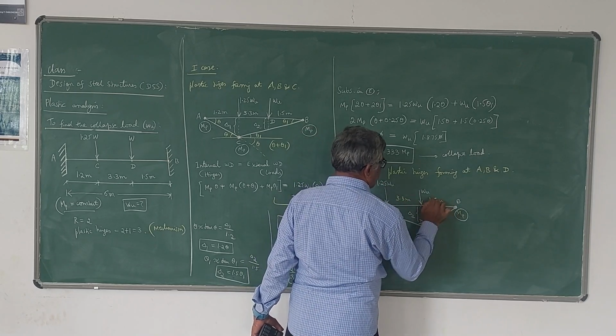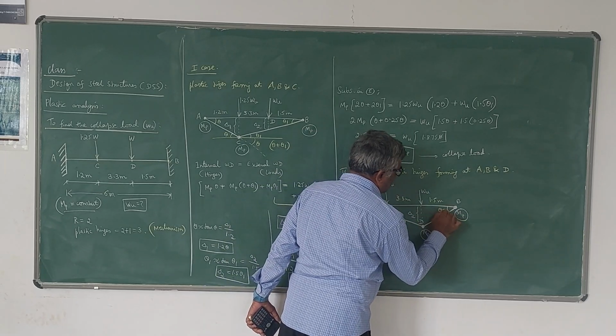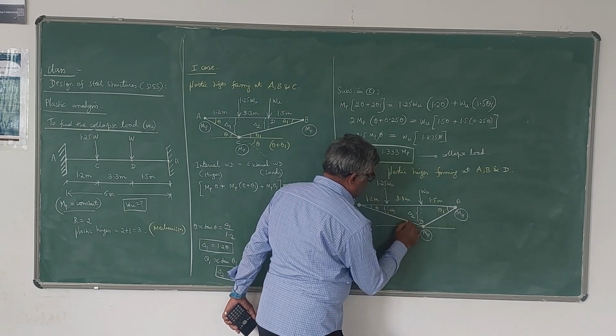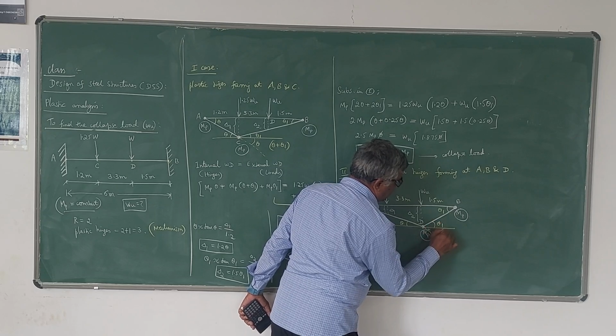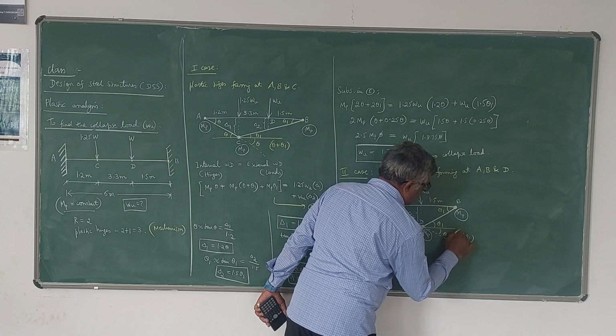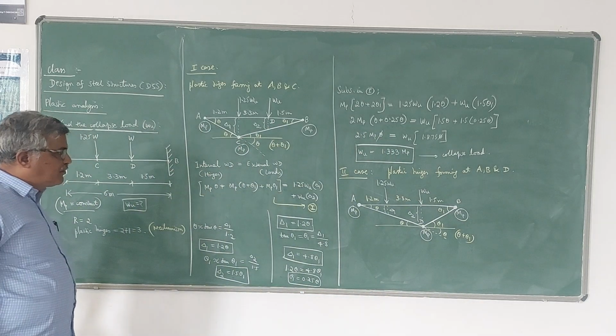Totally it is 6 meters. I will take this as theta, this as theta 1. As usual, this will be theta. Here this will be theta 1, this will be theta. Total rotation here is theta plus theta 1.